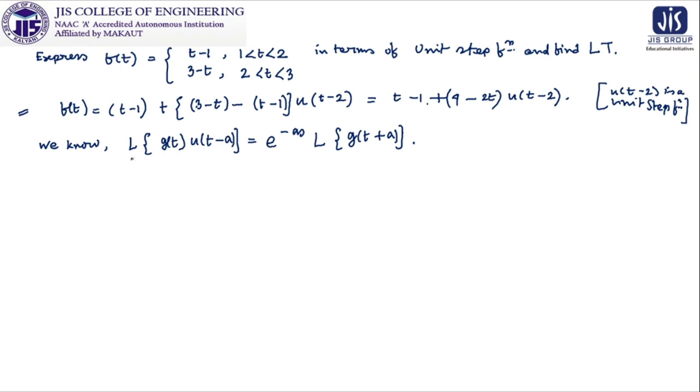This is the property we are going to use for this unit step function, because if the unit step function is multiplied with a known function, and if we know the Laplace transform of that particular form, then we can obviously use it for the rest of the calculation.